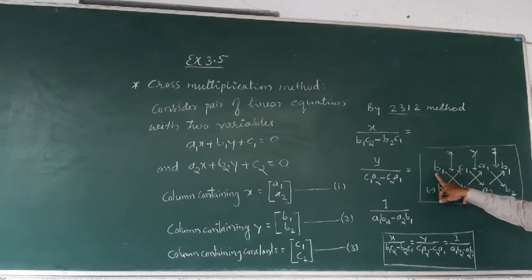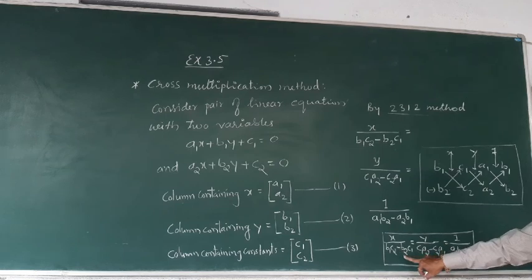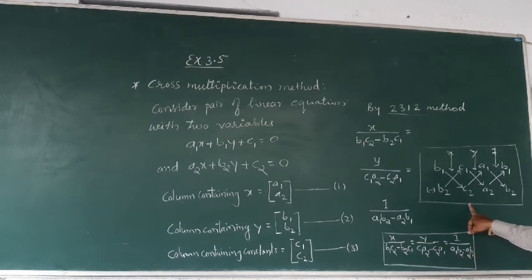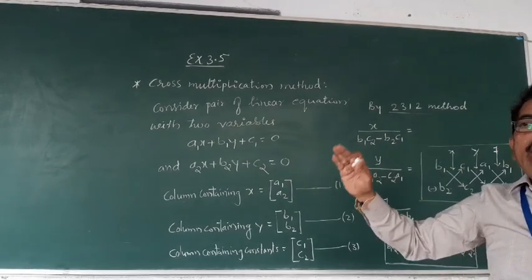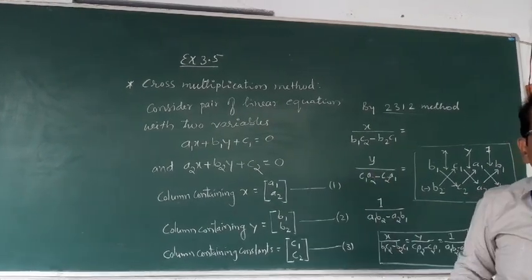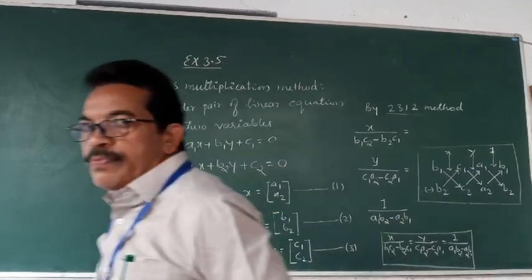Practice this chart, then only can you easily set the main formula. I hope you will practice it. Tomorrow we will repeat this and start the exercise. Okay, thank you.